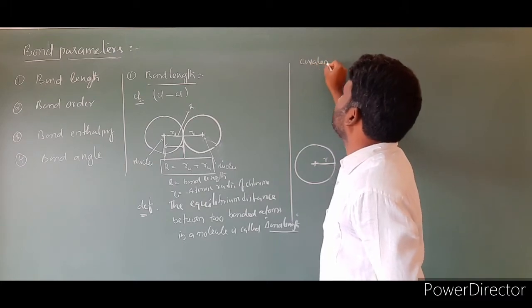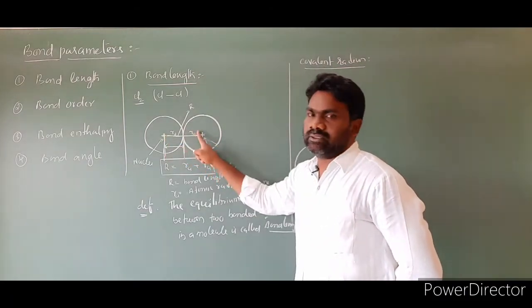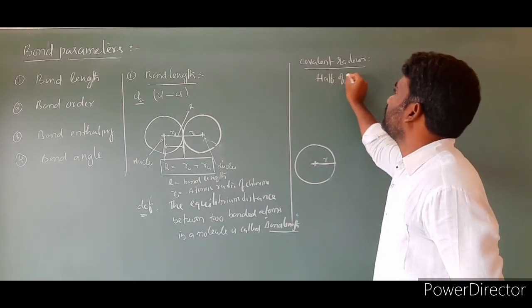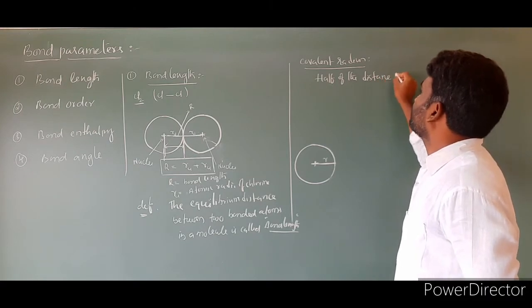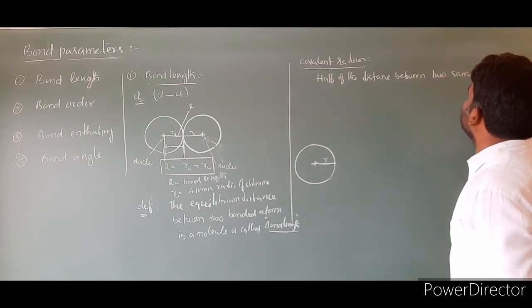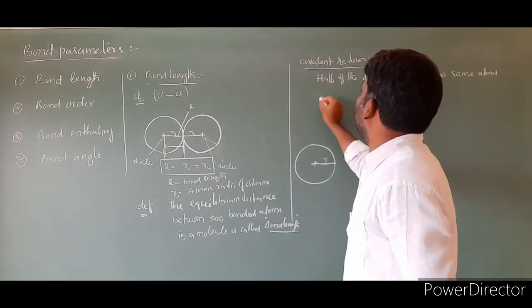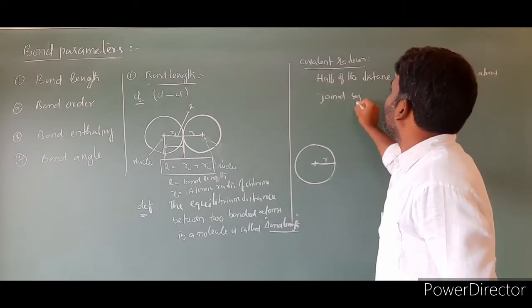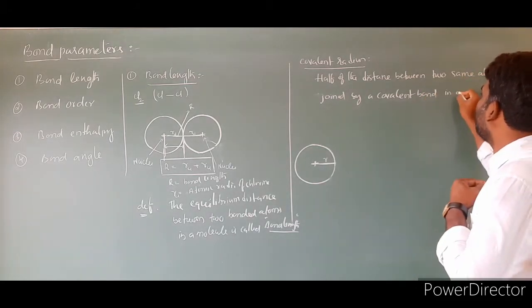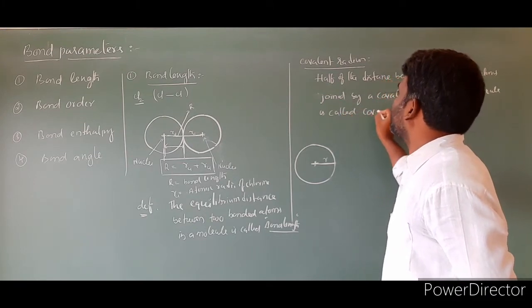Covalent radius definition: half of the distance between two similar atoms joined by a covalent bond in a molecule is called covalent radius.